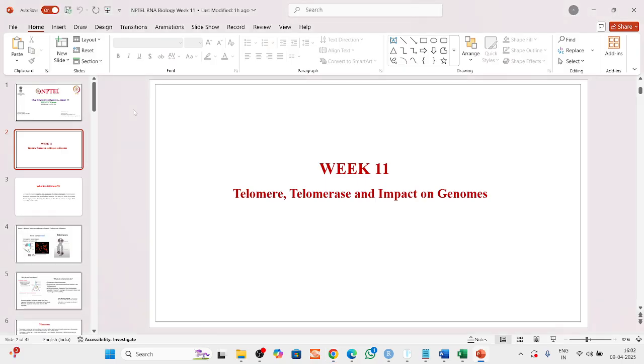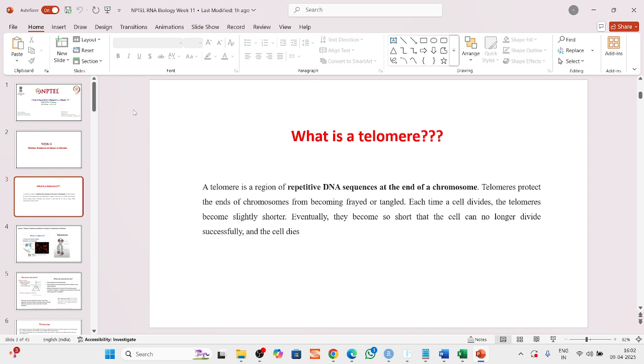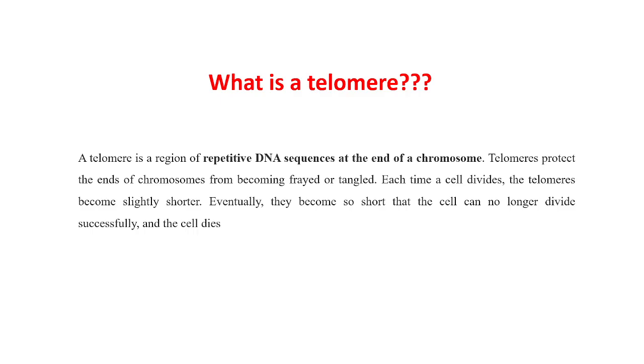Okay, so let us see what is a telomere. First of all, let us try to understand what is actually a telomere. A telomere is a region of repetitive DNA sequences at the end of a chromosome.